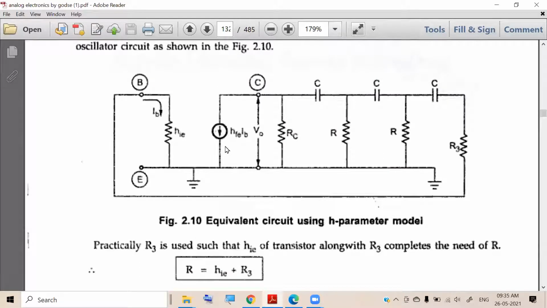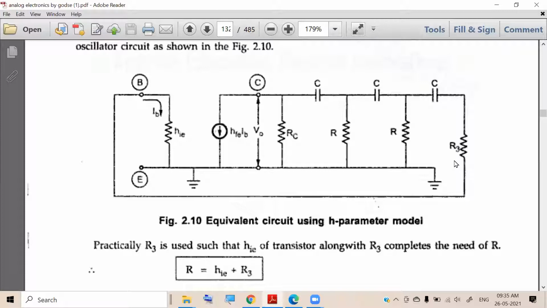We have hfe IB into RC, then capacitor, R, capacitor, and this equivalent also is R. So now we can modify this equivalent circuit as this one followed by CR, CR, CR.